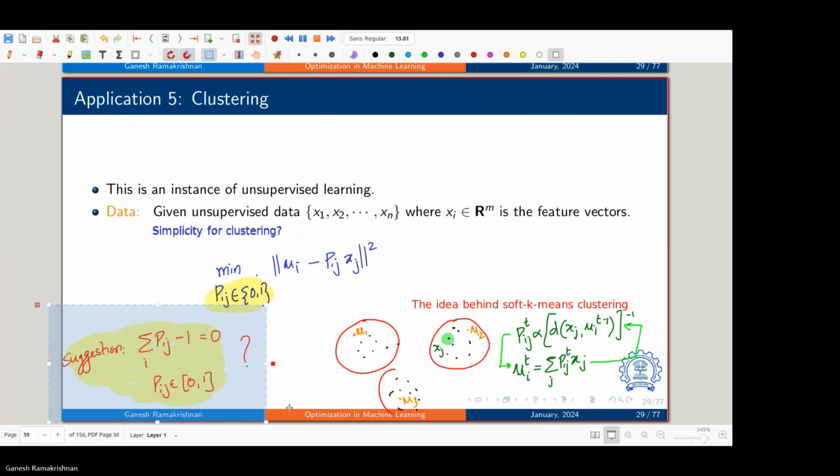Our objective is to ensure that the point xj, with associated membership Pij to cluster i, brings you as close as possible to the mean parameter of that cluster i. And our goal is to find the min across all possible Pij.